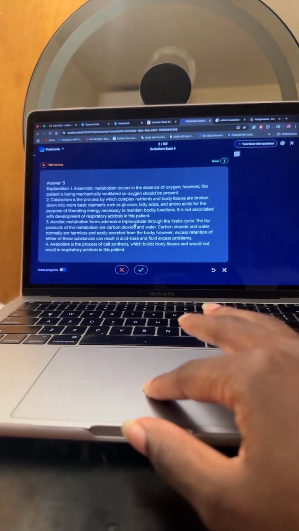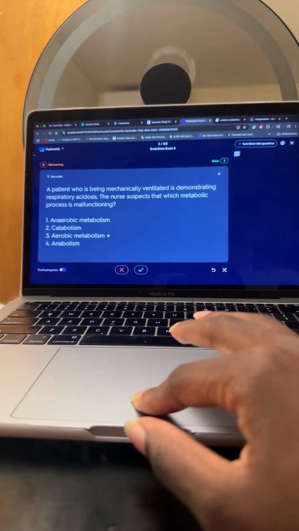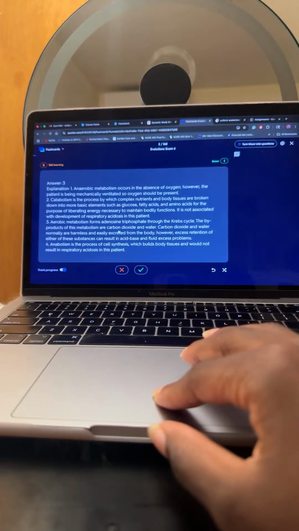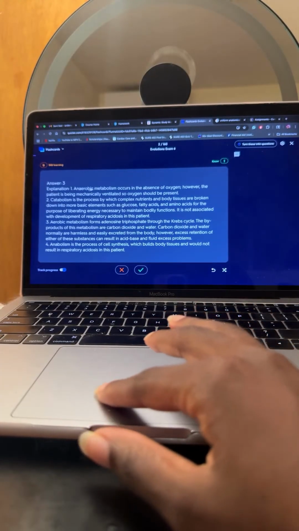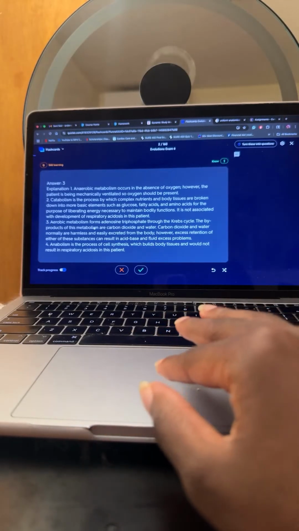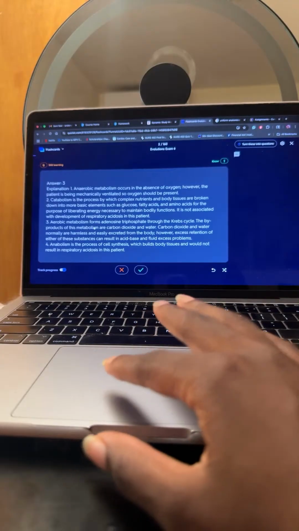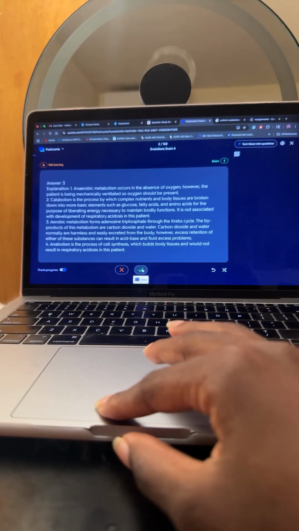Oh, wait. Oh, yeah, 3. And I just saw the answer, so I'm annoyed. Yeah, so anaerobism is what's occurring because there's a problem with aerobic metabolism. So that's why that's the answer. I just read a little too fast. I hate when I do that.